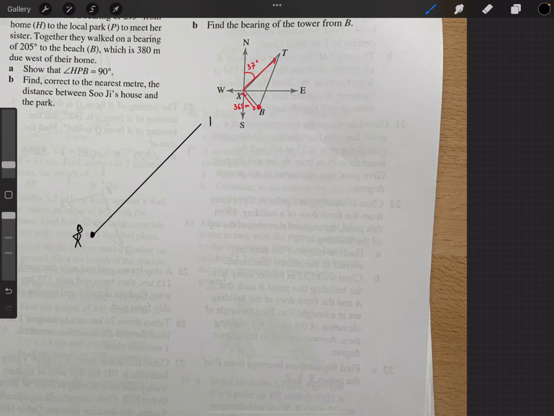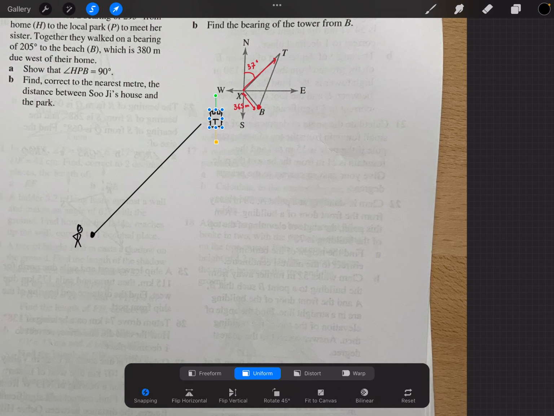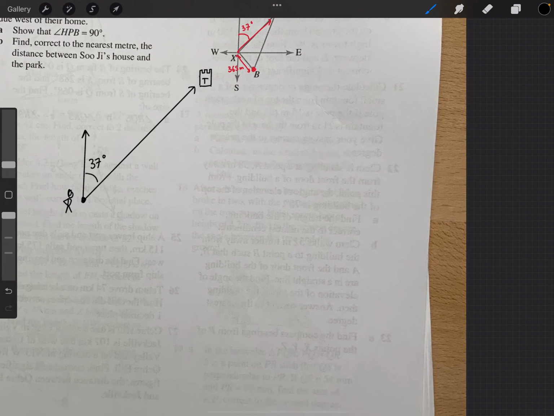The tower is here, this is tower T. And this is on a bearing of 37 degrees, so this is the north line from X. And then you have another surveyor at point B.